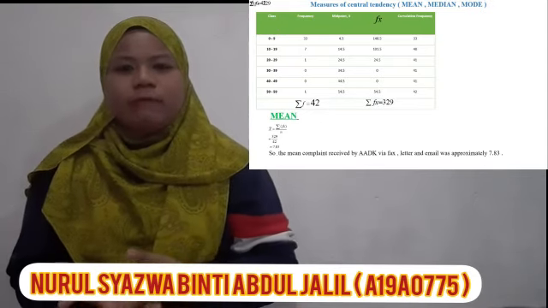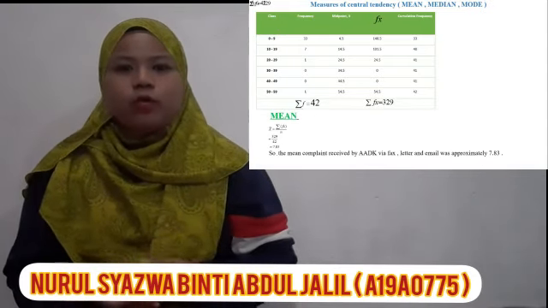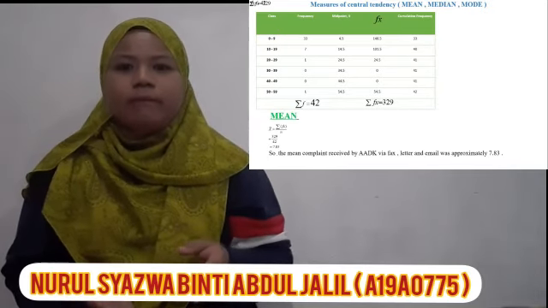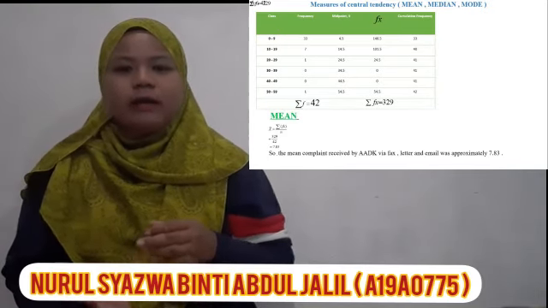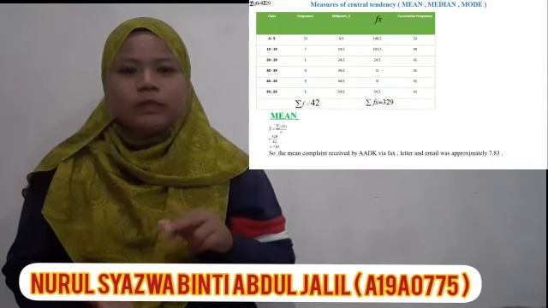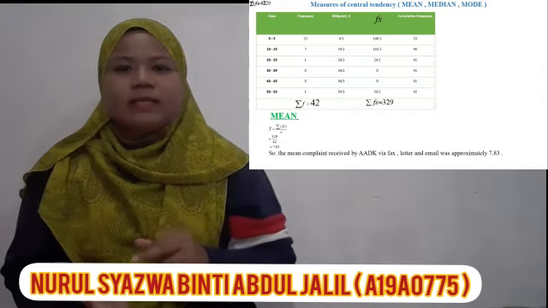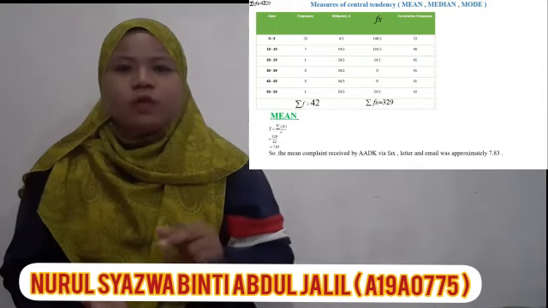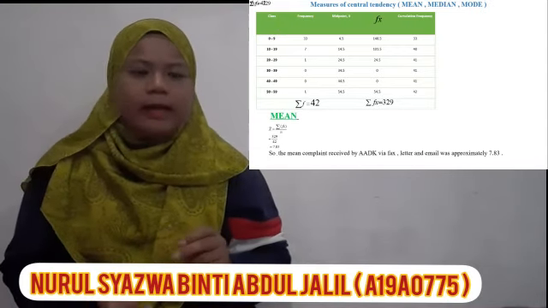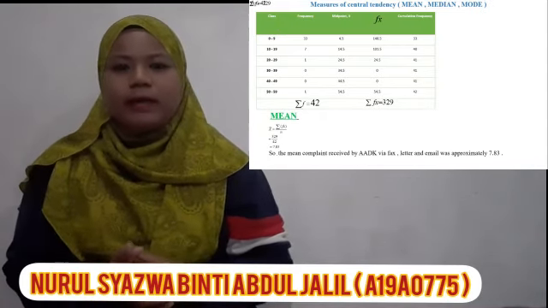For the solution of the mean, x-bar equals the total fx divided by n, the sample size. We get 329 divided by 42, and the answer is 7.83. So the mean complaints received by AADK via fax, letter and email is 7.83.